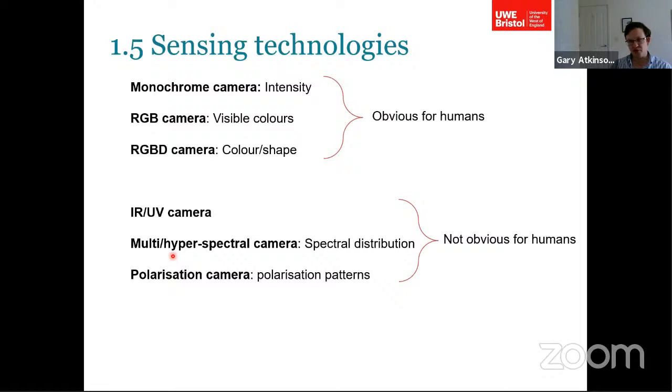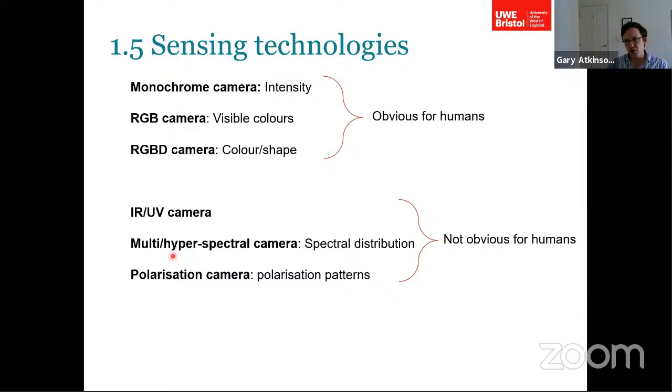And then it leads on to the bit that I find myself in mostly, and that's the polarization of light. Our eyes aren't sensitive to polarization of light, and so again, it's not an obvious thing that we would draw upon to do some inspection or other work. But that's not to say that it's not useful.